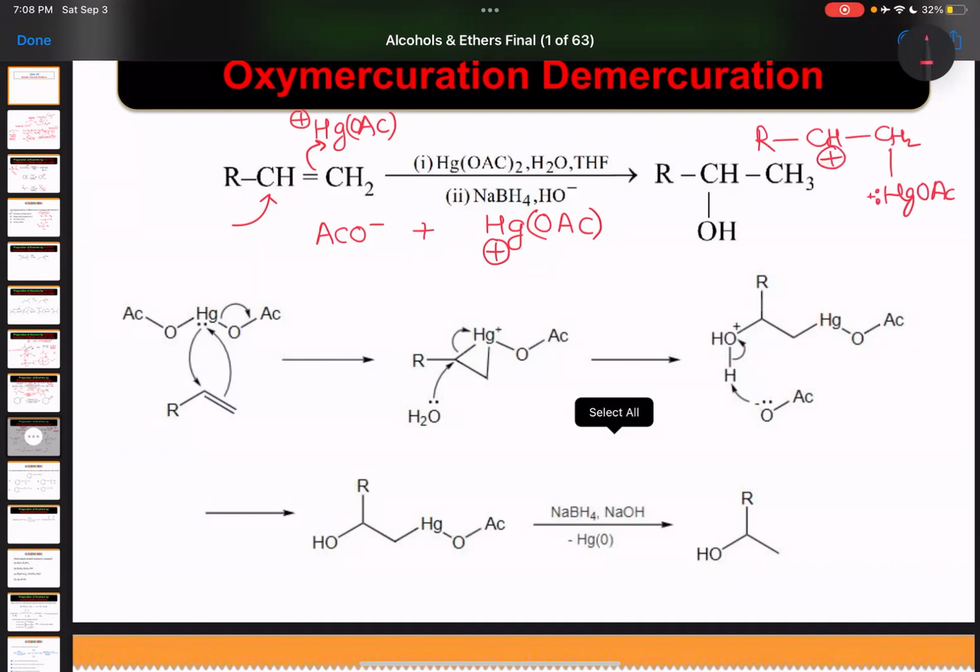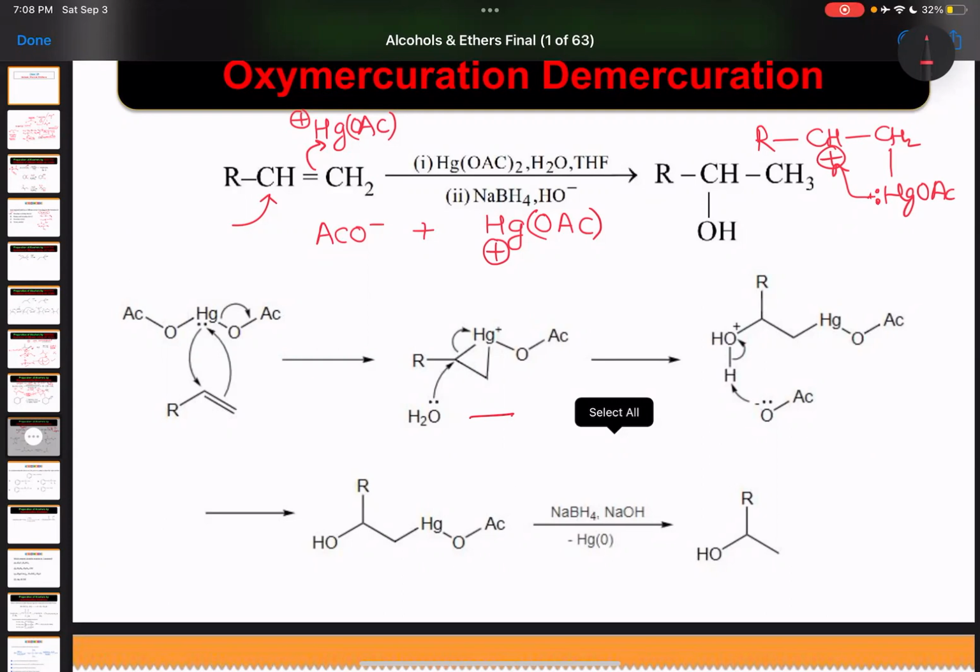Once the mercury comes in and takes the electron, it forms a bridged cation. It gives its lone pair to the carbocation and lets it remain wherever it has formed. So no rearrangement happens because it forms a cation like this. But this is just for your satisfaction.